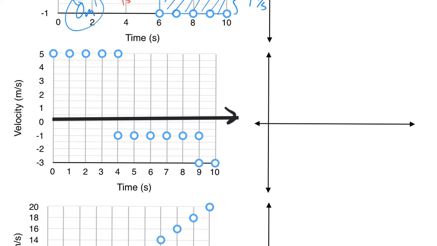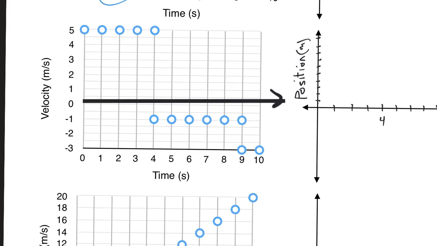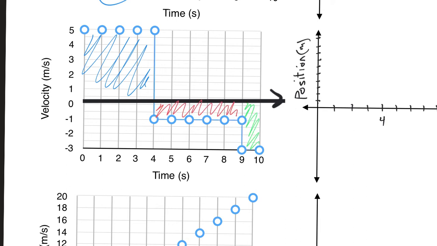Perhaps I can go through this a little bit more quickly. Let me start with, I see 3 different areas. Do you see 3 different areas? So area number 1, area number 2, and area number 3. And length times width, 5 times 4, positive 20 meters here. Questions about that? All right.